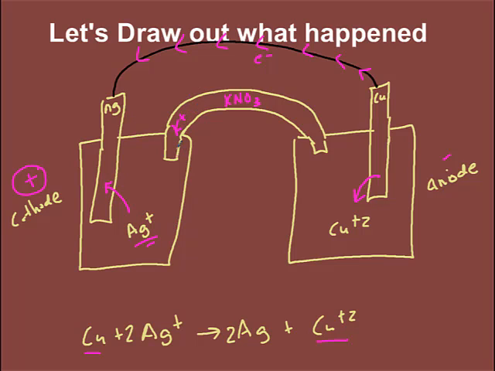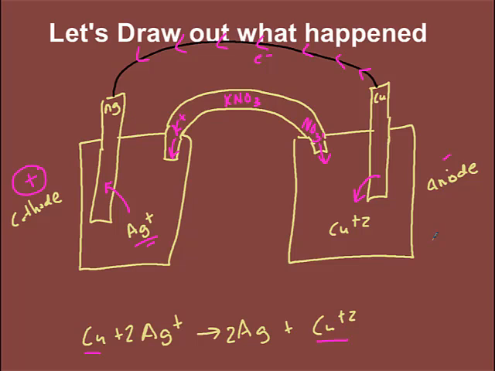So I need the positive ion of the salt bridge to migrate into this part of the half reaction. And then over on this side, I'm gaining positive ions, so I need the negative ion to migrate into this cell.